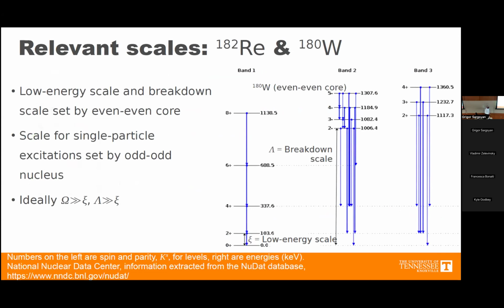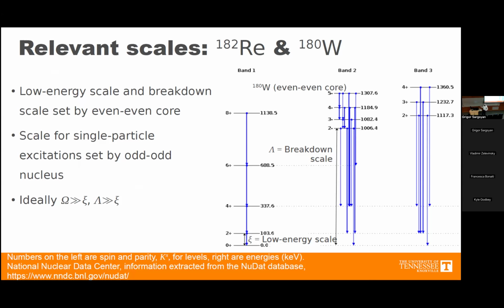So to talk a little more about the relevant scales here, the low energy scale and the breakdown scale of the theory we consider to be set by the even core nucleus. We see depicted here the breakdown scale, which we essentially consider to be the lowest non-rotational state within the spectrum of the core.